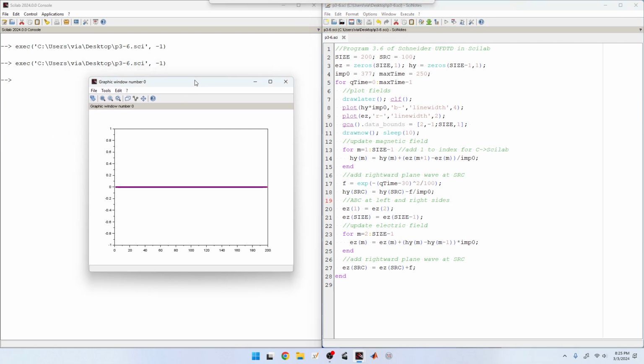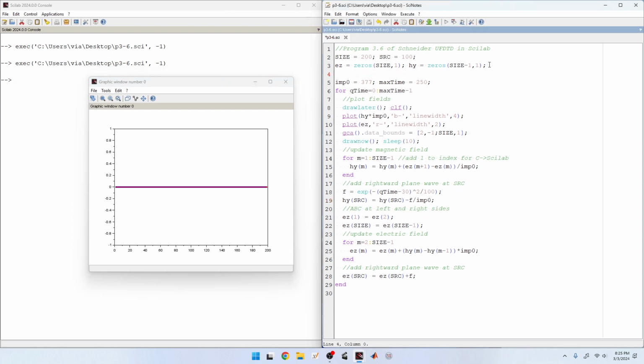So now we want to make our medium inhomogeneous. So let's come up here and do an epsilon relative, the same size as Ez, but we'll make it 1s by default. And we could also do a mu relative, but we won't do that here. And then let's do more time steps here.